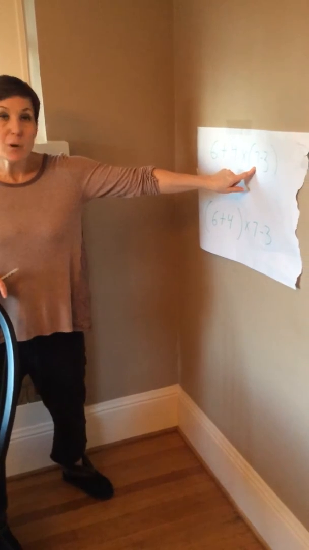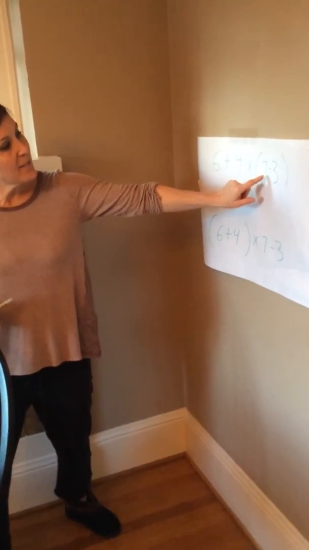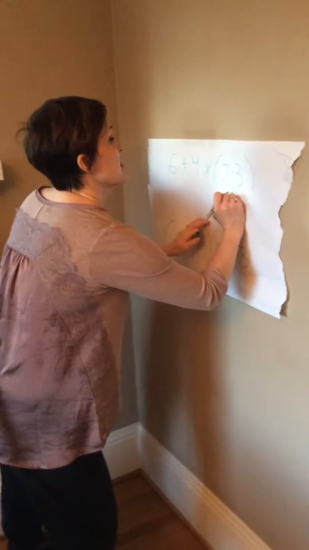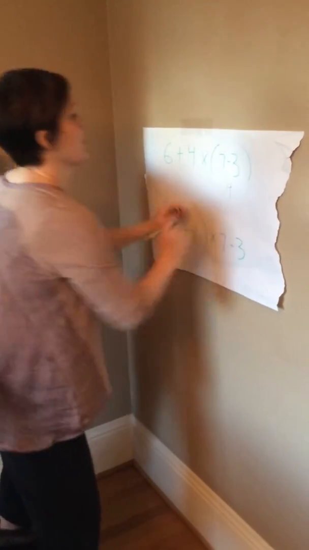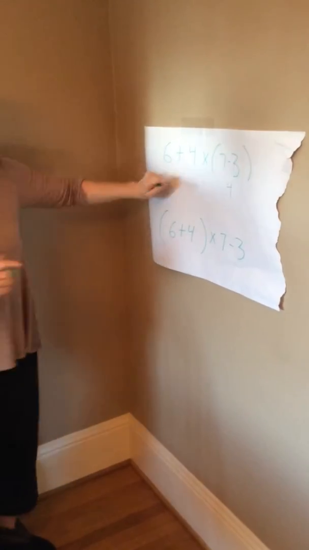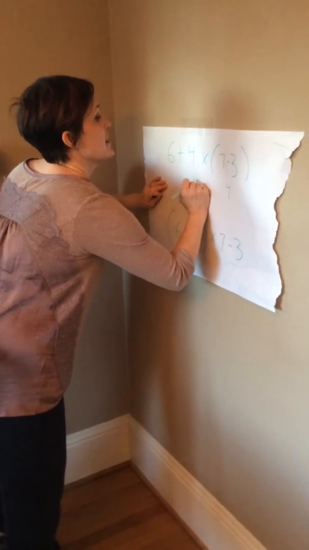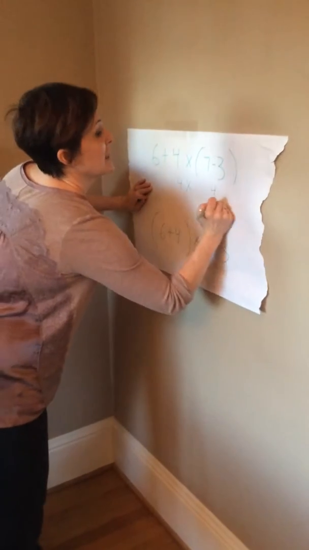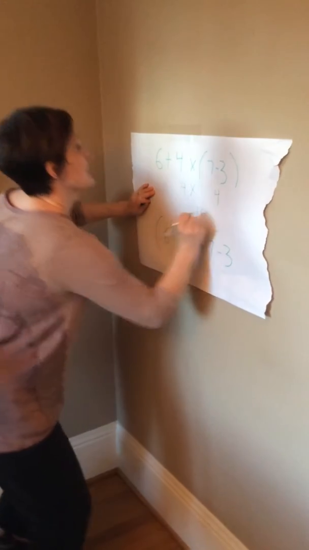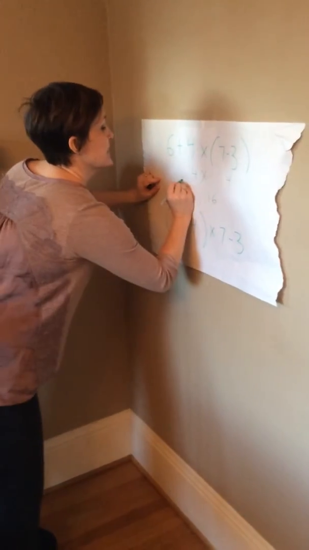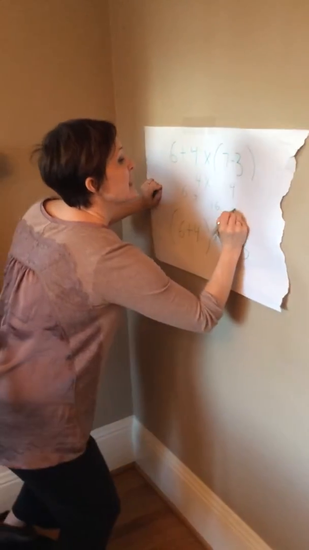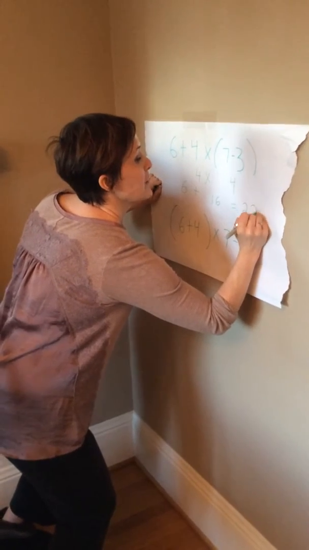We're coming over here to our parentheses. 7 minus 3 equals 4. Then we're going to do our multiplication. 4 times 4 equals 16. Then we're going to add our 6. 6 plus 16 equals 22.